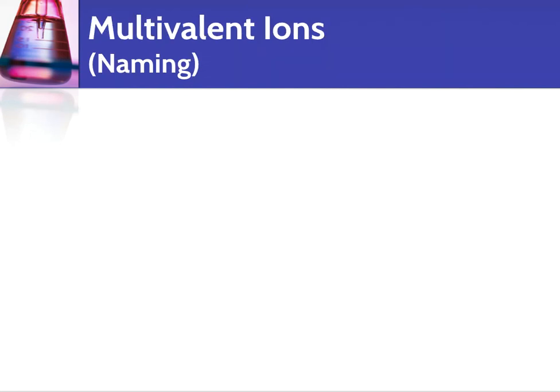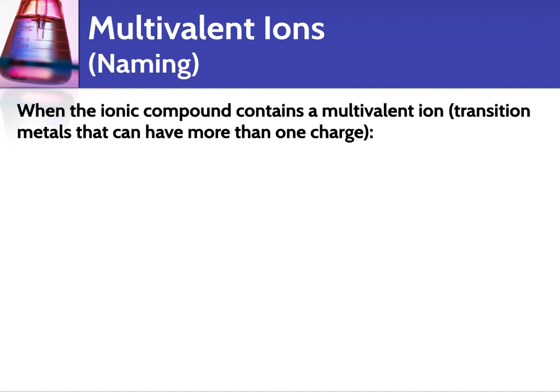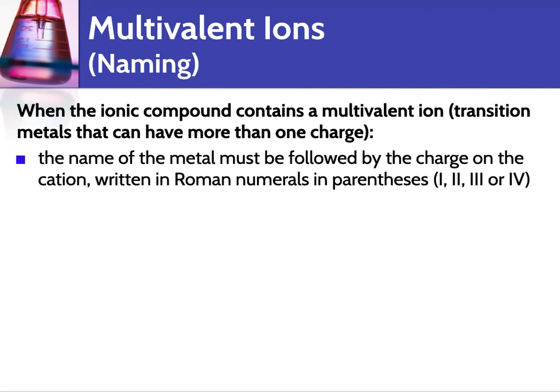The next type of ionic compounds we're going to look at are ones that contain multivalent ions. Remember that multivalent ions come from the transition metals, and there are some transition metals that can have more than one charge. When your ionic compound contains one of those metals, you need to add the charge on the cation in Roman numerals in brackets.